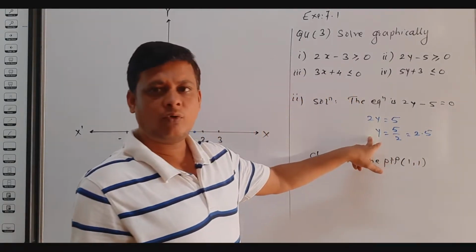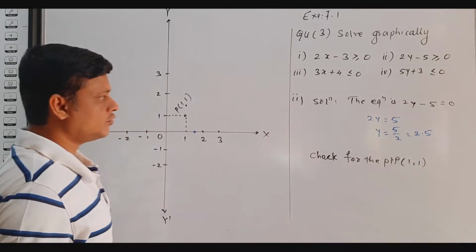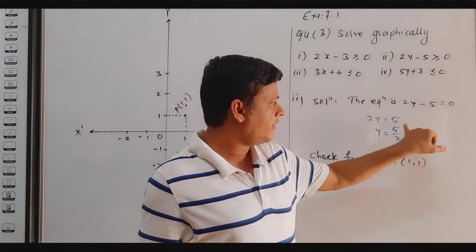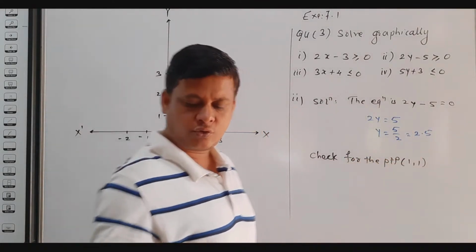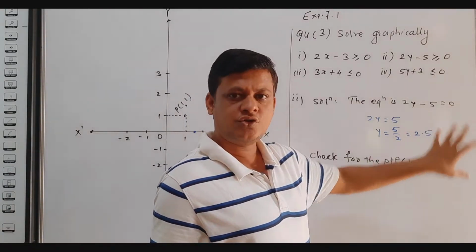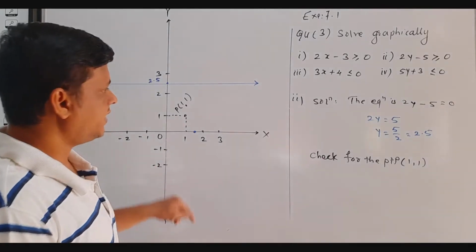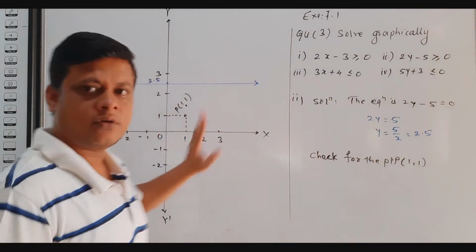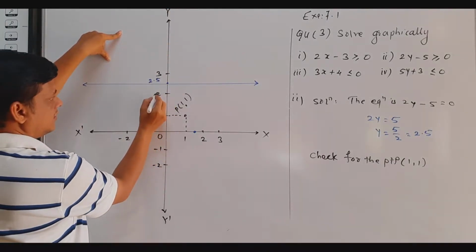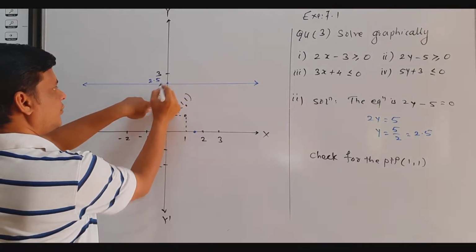Now this is of the form y is equal to b, which means this line is parallel to the x-axis. So we have to draw a line passing through the point with coordinates (0, 5 by 2), that is (0, 2.5). On the y-axis, between 2 and 3 there is the point 2.5.